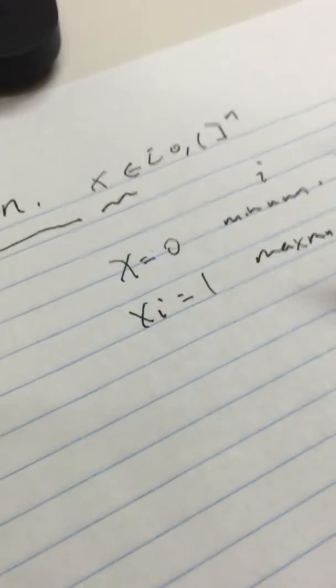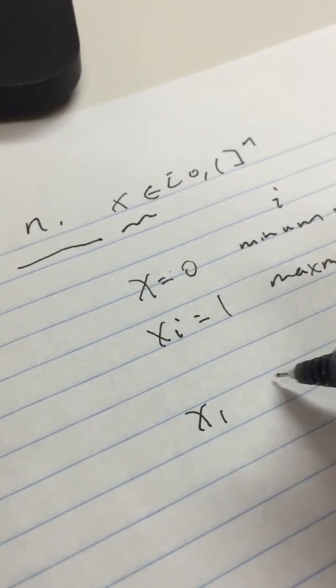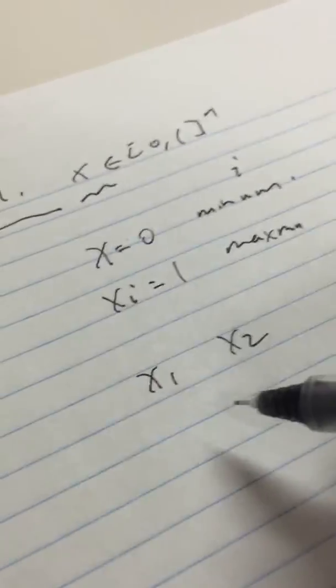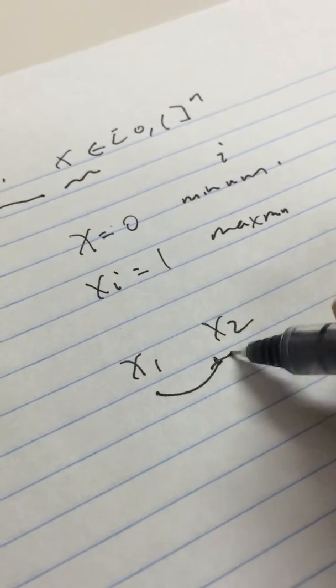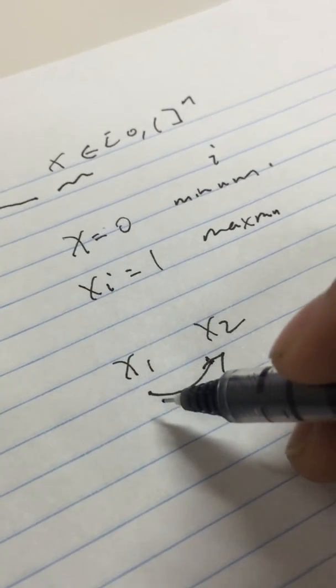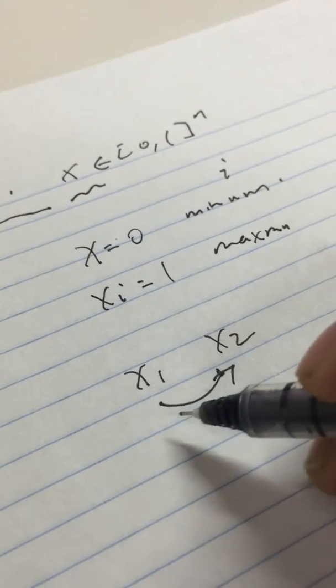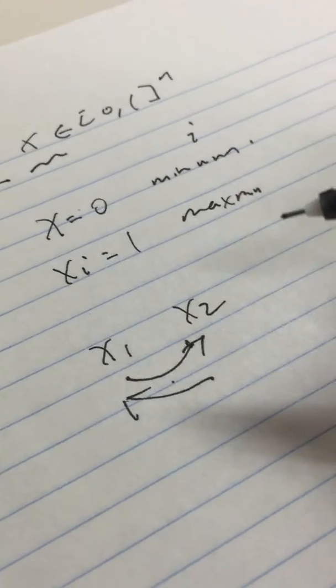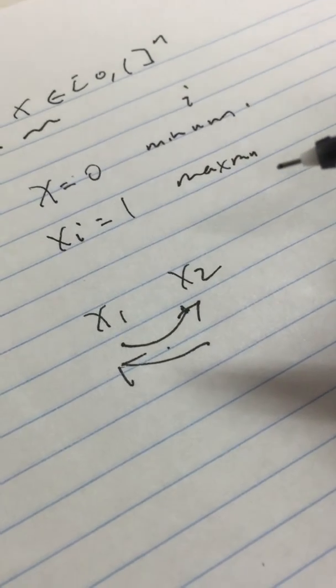Given two baskets of goods x1 and x2, a consumer can either prefer x1 to x2, or prefer x2 to x1, or consider x1 and x2 equally attractive.